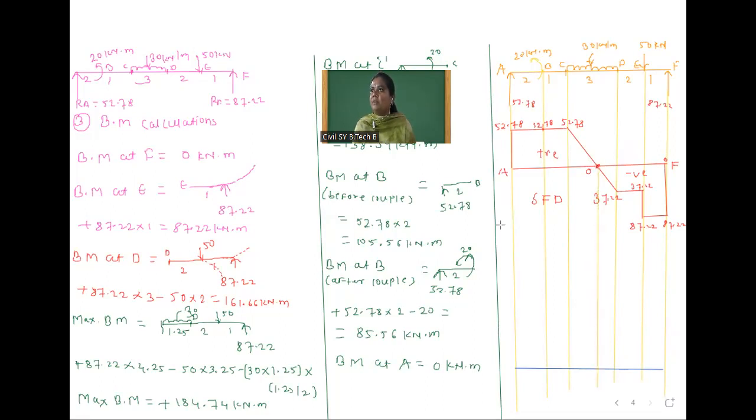Now we will mark the first point and then connect. Bending moment at F is 0. After that, bending moment at E point.